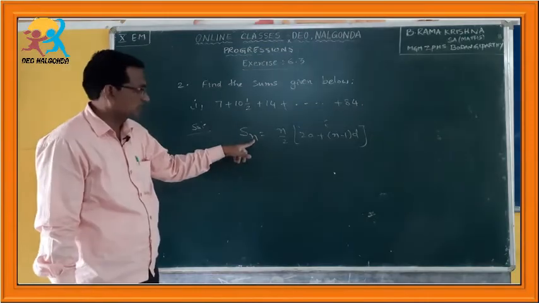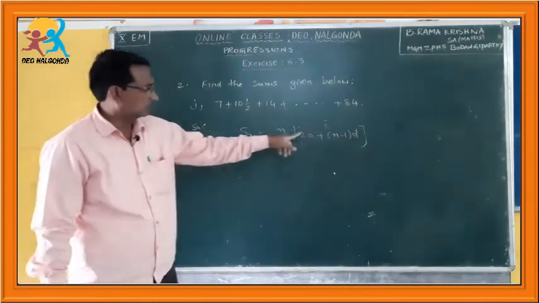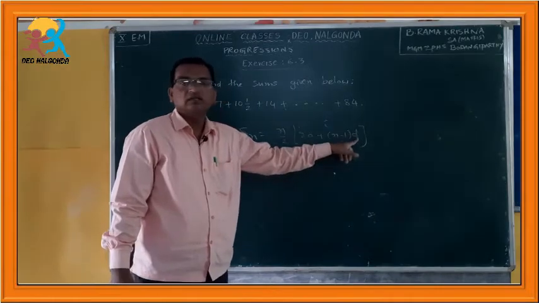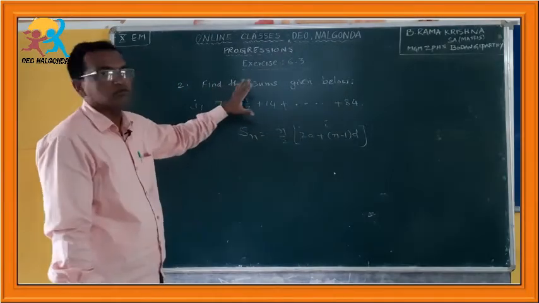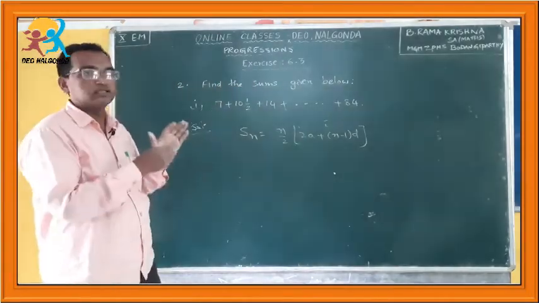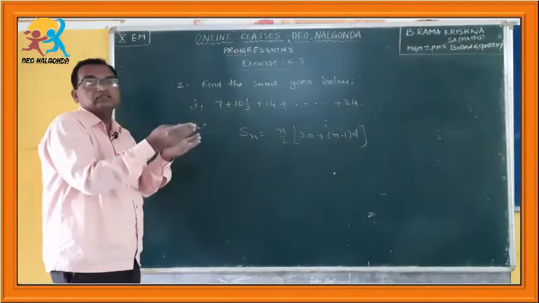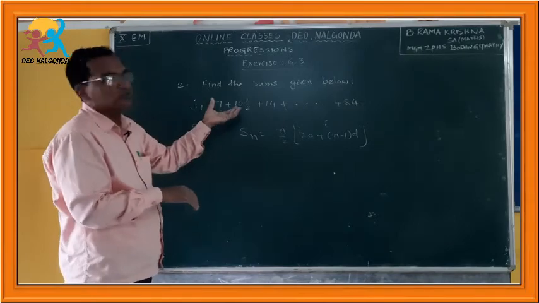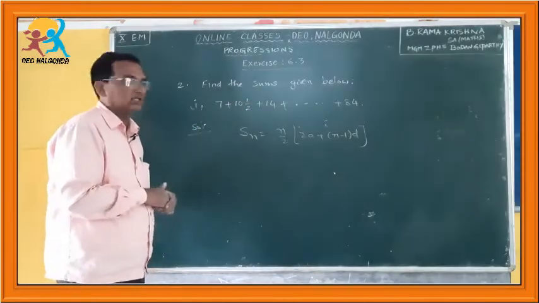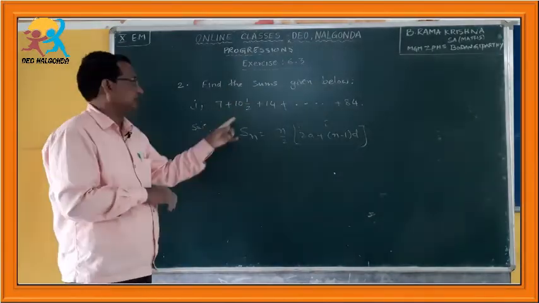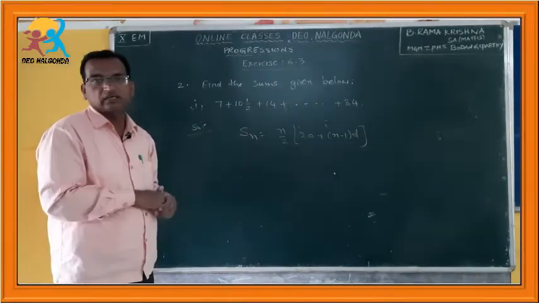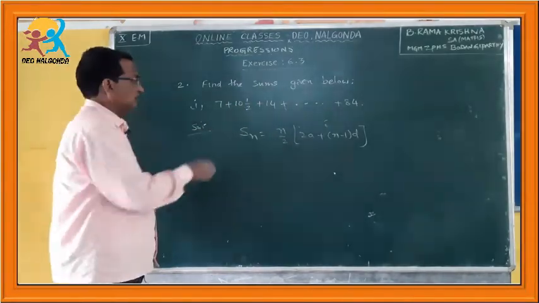Sum to n terms. n is the number of terms, a is the first term, d is the common difference. Now, if you observe what is given here, you have to analyze what is given and what you are asked to find. What is given is an arithmetic progression. It starts from 7, the second term is 10 and a half, like that it moves on, and the last term is 84.